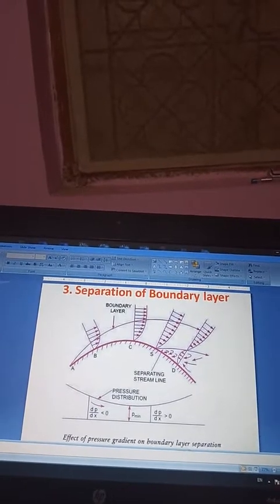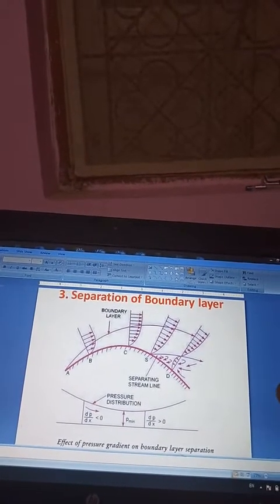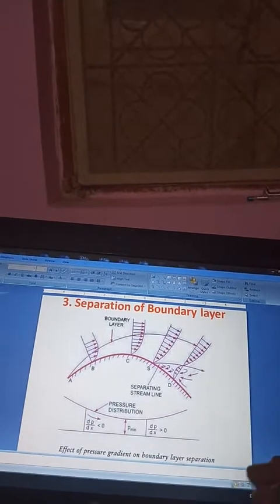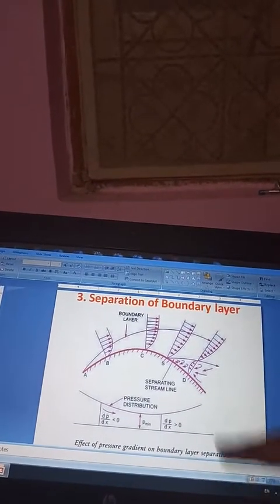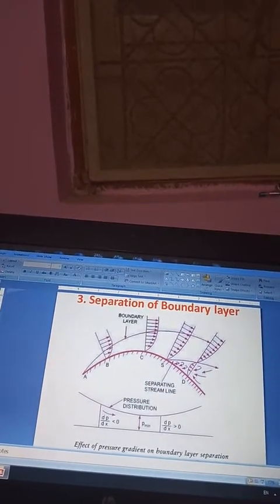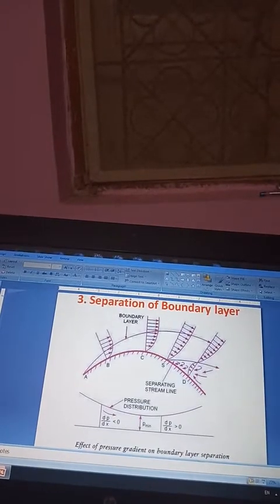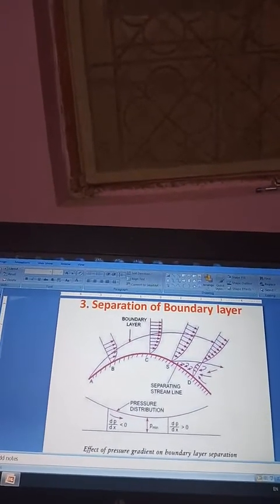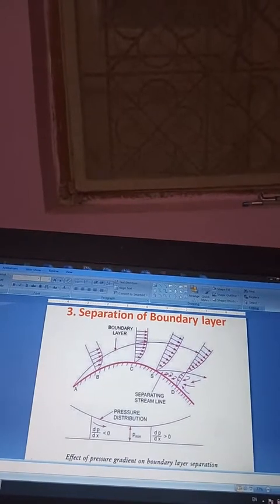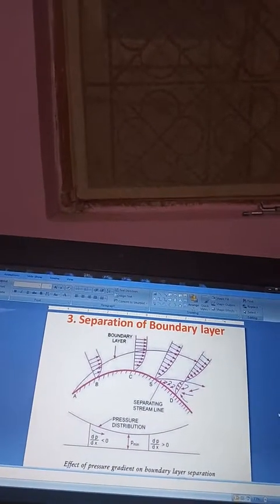So as far as the separation of the boundary layer is concerned, in short, you just remember the pressure gradient dP by dx. As a general phenomenon, as the fluid flows further, the pressure goes on decreasing, and it is a good sign.